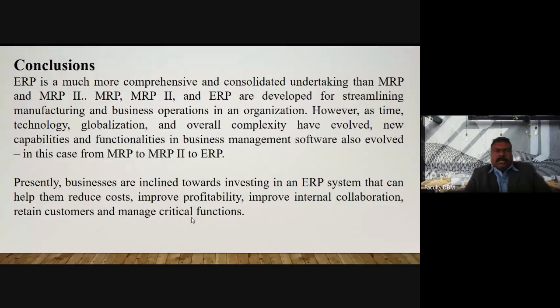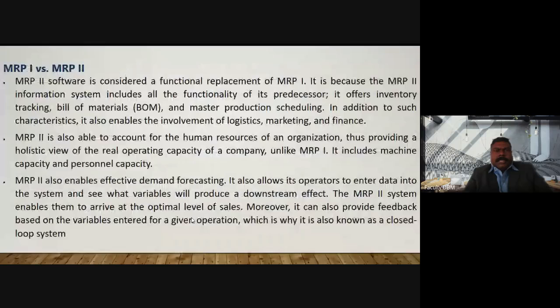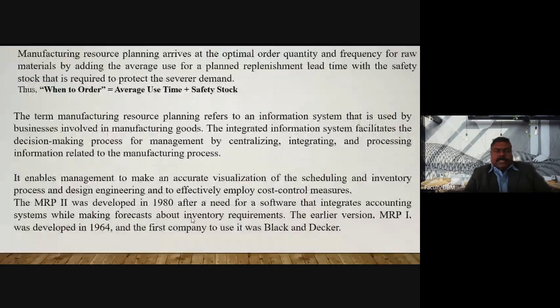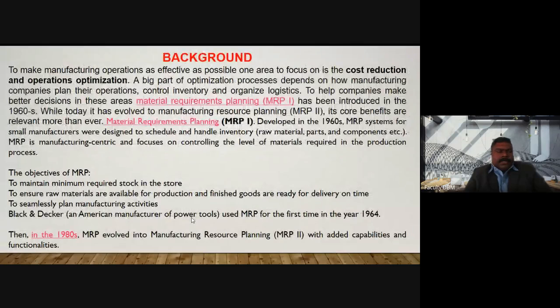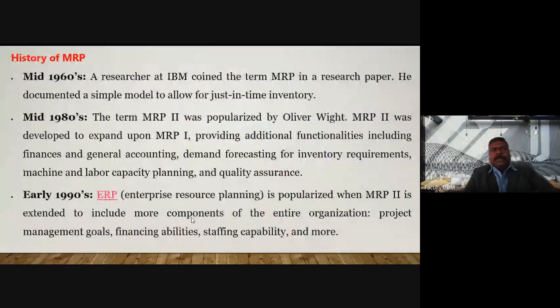So here you would have seen, going back, this is MRP, that is the MRP1, and these are the objectives. And you can see how the history of MRP has come: mid 1960s, 80s, and 90s.